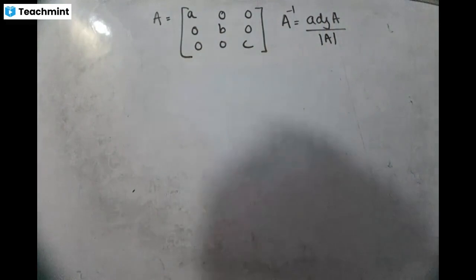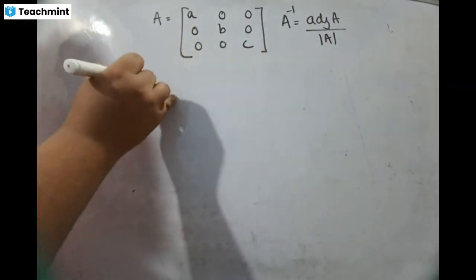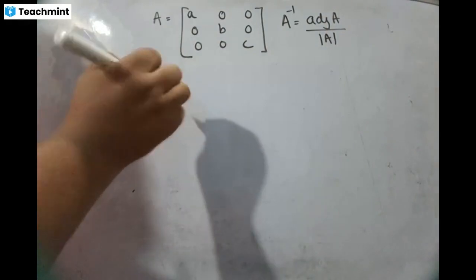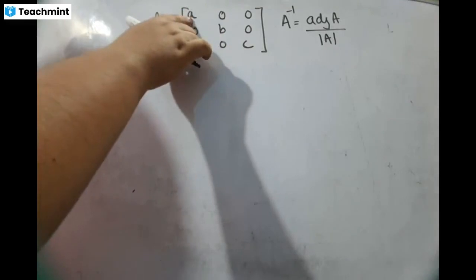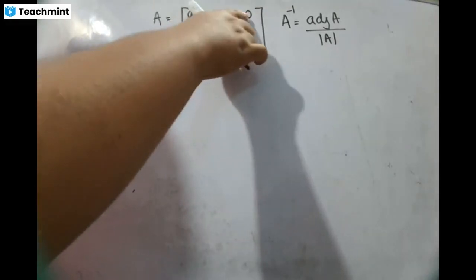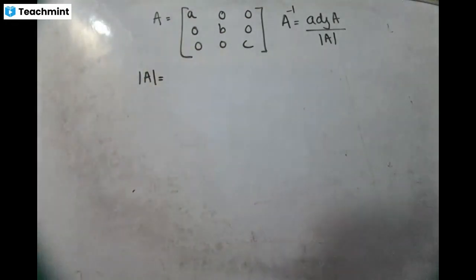So let me teach you how to find the determinant. Normally how do you find the determinant of a matrix? You expand any row or any column, isn't it? You take A, cover the row and column, then you take this, then this, and so on. But there is a technique. What type of matrix is this? Can anyone tell me? It's a square matrix for sure, because the number of rows and columns is the same.